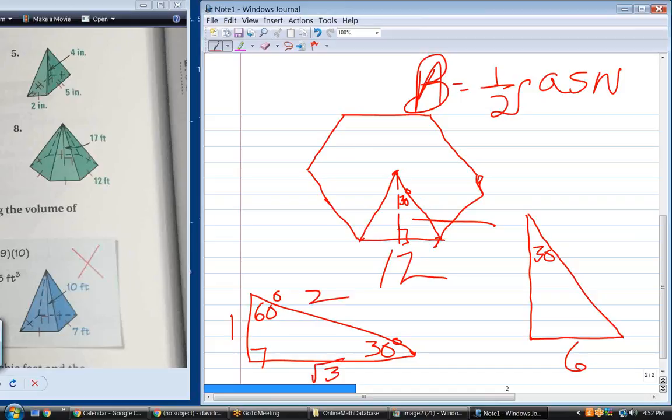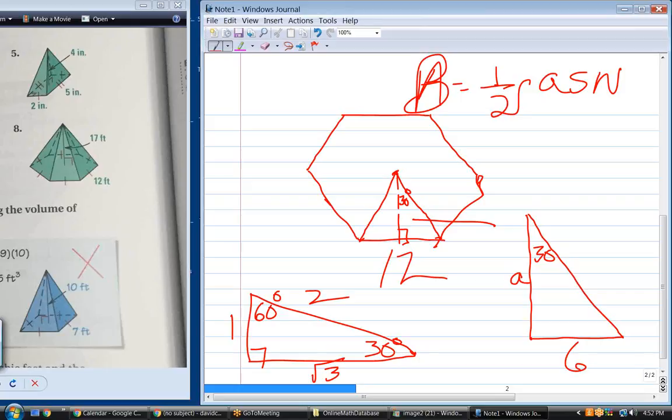If you have those dimensions memorized, then you'll be able to figure out what A is over here. These two triangles are similar, so all I have to do is figure out the similarity ratio. What is it?